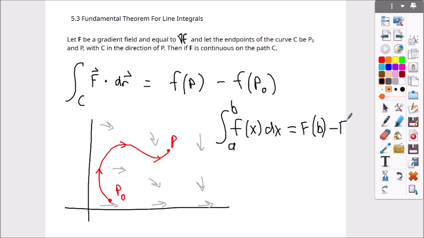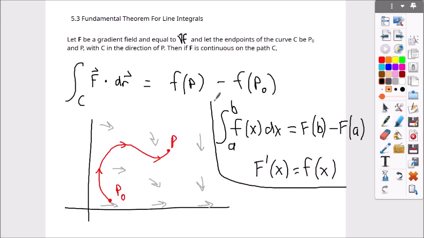If you don't know what primitive means, it's just the antiderivative. So this would be if F prime of x is equal to f of x. That is the fundamental theorem for single variable integrals.